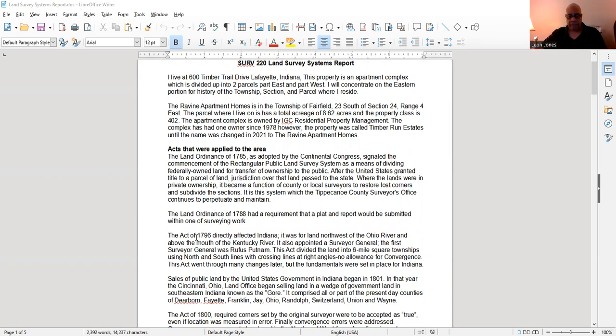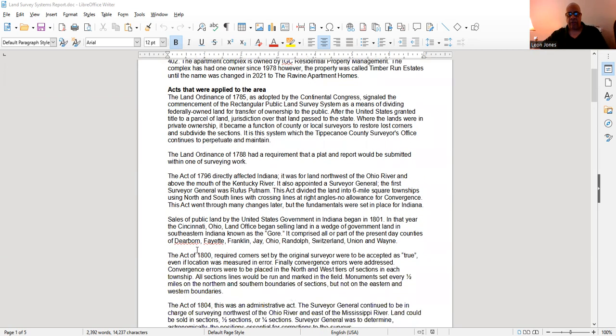Then you also had the Ordinance of 1788, which basically had a requirement that every time you go out and do a survey, a report must be submitted within 1 year of surveying work. Then you also had the Act of 1796, and that was for land northwest of the Ohio River, right around the mouth of the Kentucky River.